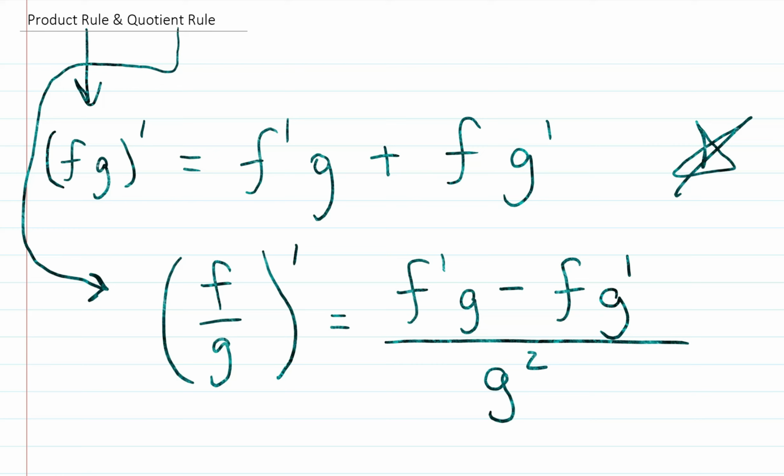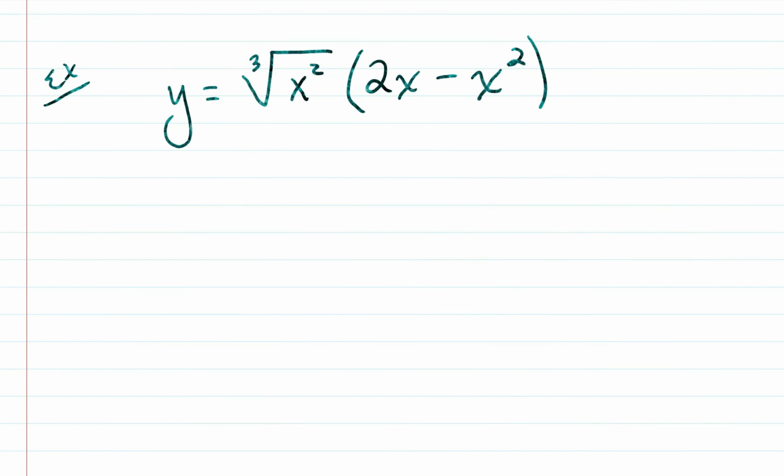So we have what's known as the product rule and also what's known as the quotient rule. The product rule and quotient rule, very important for us. So let's take a look at our first example.